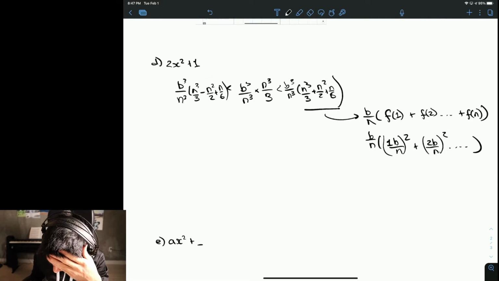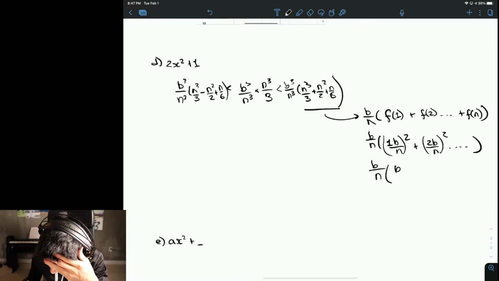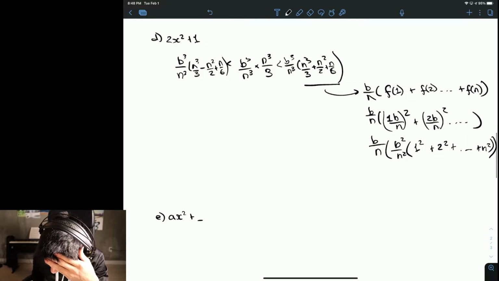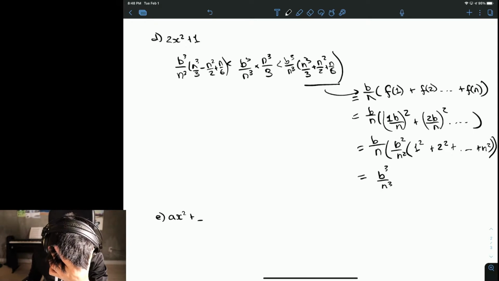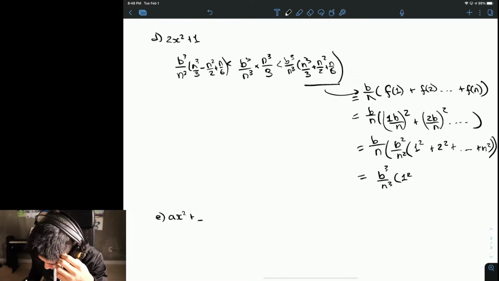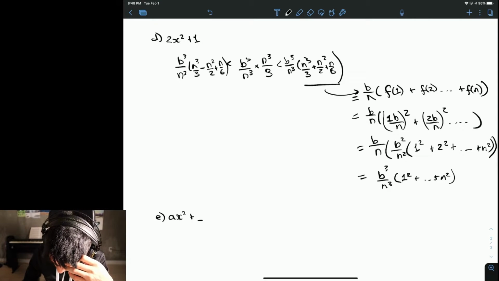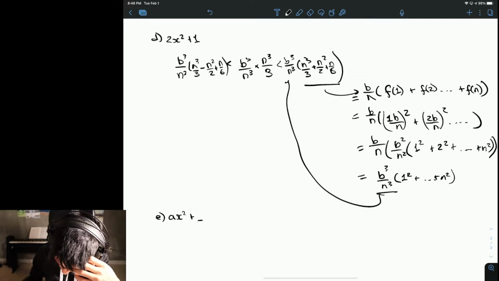And just by factoring out the common b terms, b squared over n squared, from the 1 squared plus 2 squared and so forth, and then combining these two to b cubed over n cubed, that whole factorization activity is how we got to this term.